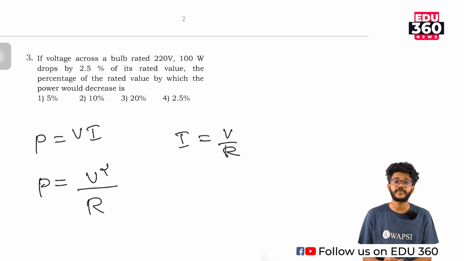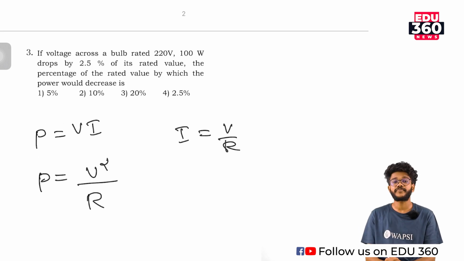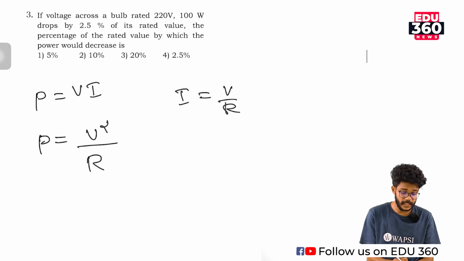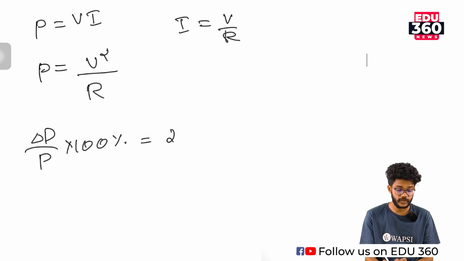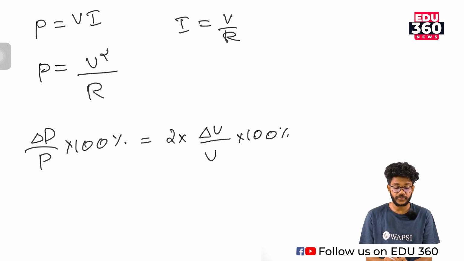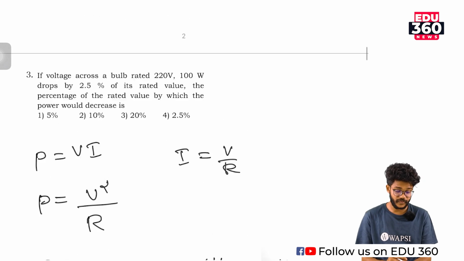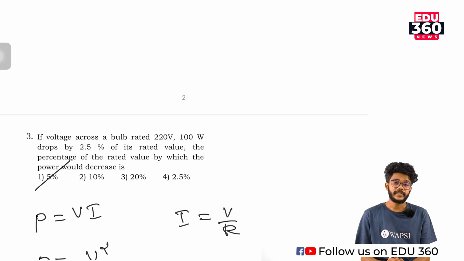That's why we use P is equal to V square by R. So power depends upon the square of the voltage, and the voltage is decreased by 2.5 percent. So ΔP by P into 100 percent will be equal to 2 into ΔV by V into 100 percent, and ΔV by V into 100 percent is nothing but 2.5. 2.5 into 2 is 5 percent. So a 5 percent drop should occur in the power. That means option 1, the first option, is the correct answer.